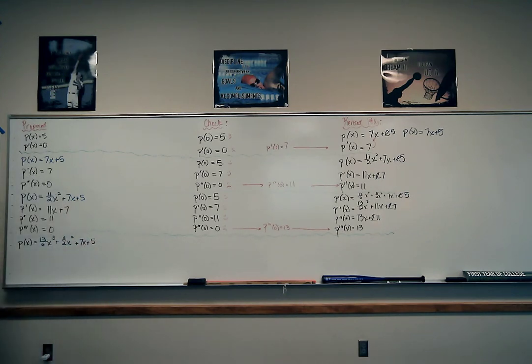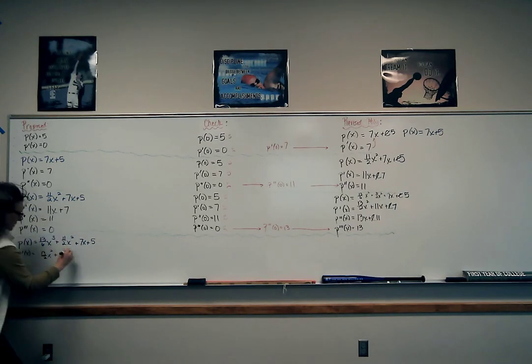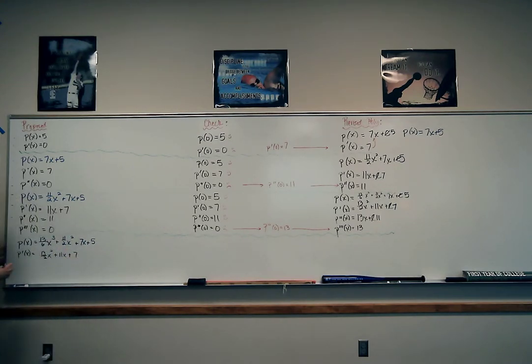Okay, so P prime of x, 13/2 x squared plus 11x plus 7. P double prime, 13x plus 11. P triple prime is 13.